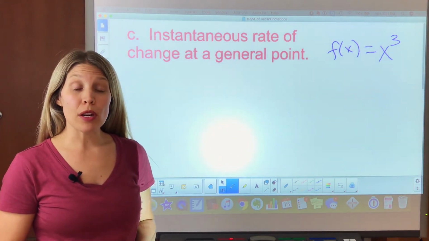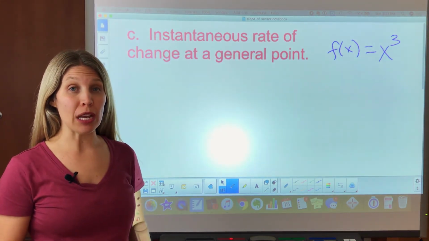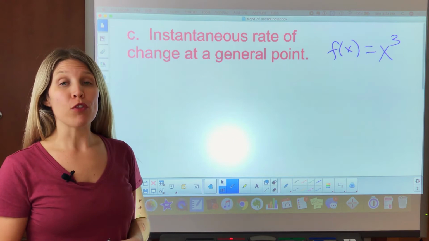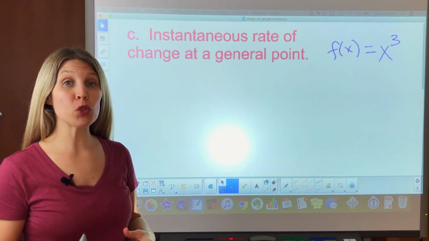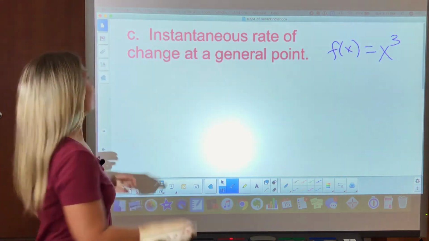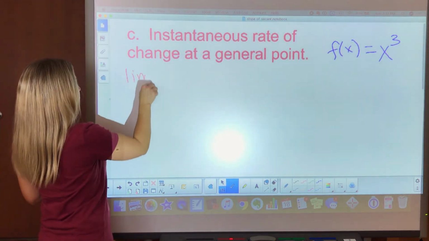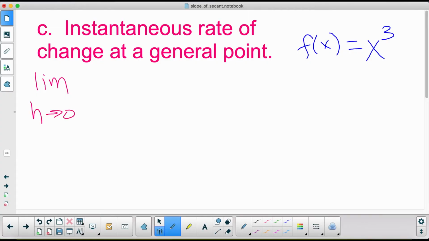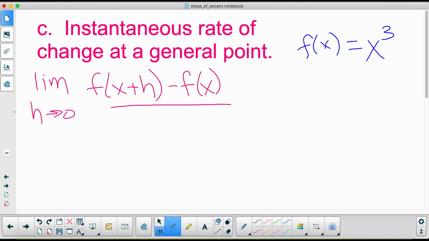Now we're going to go ahead and try to find the instantaneous rate of change at some general point for x cubed. So first we're going to start with the formula for the instantaneous rate of change, which is the limit as h goes to 0 of f of x plus h minus f of x all over h.